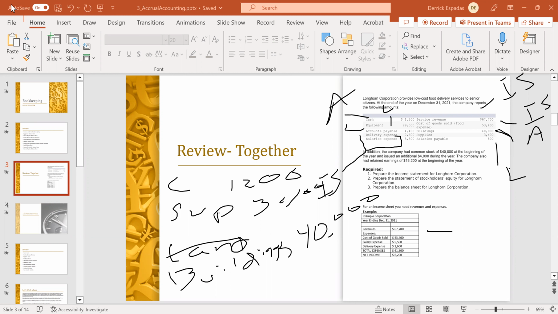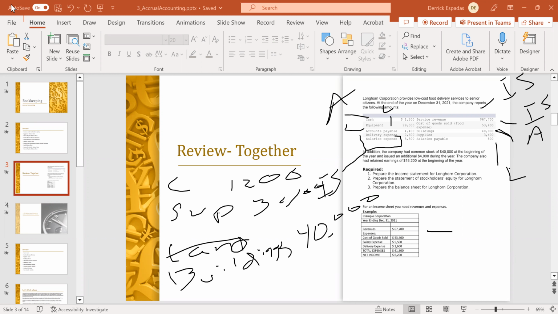Since we only have these small amounts in accounts payable and in salaries payable, that means there's $68,400 left in owner's equity or owner's capital, depending on the size of your company or whether it's public or not. So now the stockholders' equity statement, we're going to take a look at that or build one.